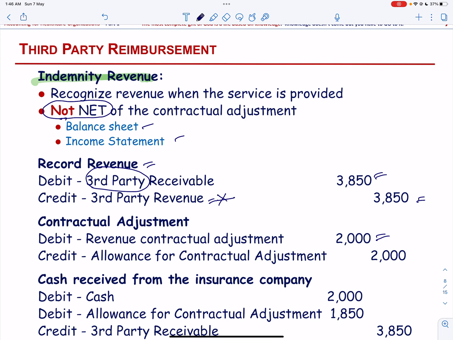This is also a contra account, and this is contra to the third party receivable. Next, the hospital will record the cash they will receive from the insurance company. So cash is going to be debited by 2,000. Allowance for contractual adjustment will be debited by 1,850.